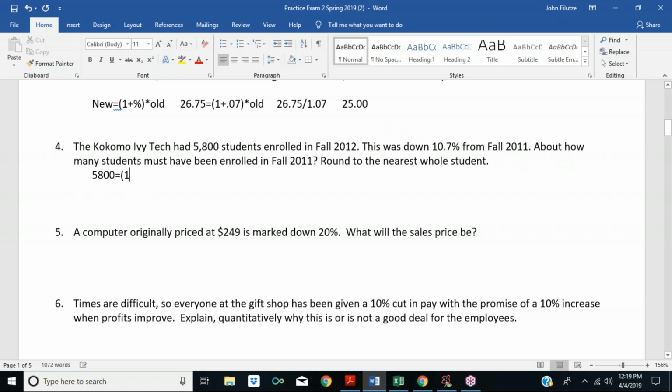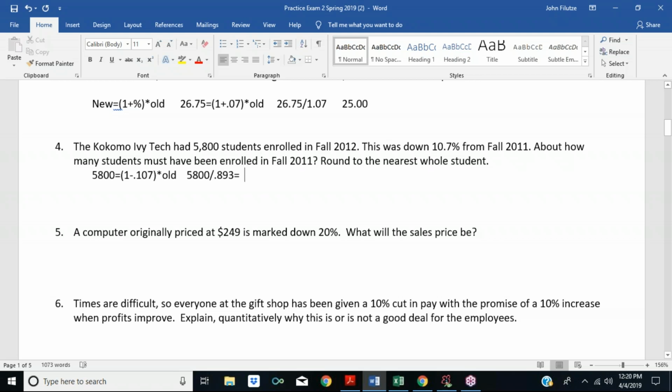Equals, and then 1. Now, since it was down 10.7%, we're going to subtract 0.107. So really, we're doing 5,800 divided by, let's see, that's going to be 0.893. And so since this enrollment now is lower than the 2011, you should know that the 2011 value should be higher.